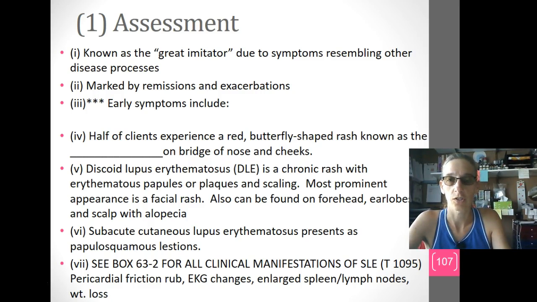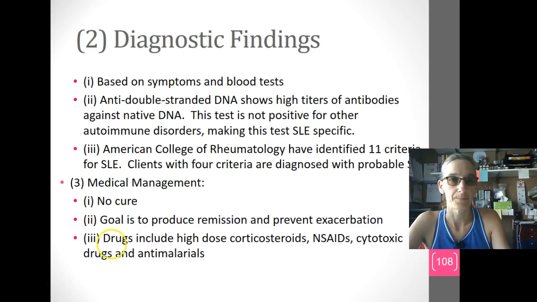So be sure that you understand very well what you would identify for these different types of lupus. Okay, we've got SLE, systemic lupus erythematosus, discoid lupus erythematosus, subacute cutaneous lupus erythematosus. And they present with some different findings.